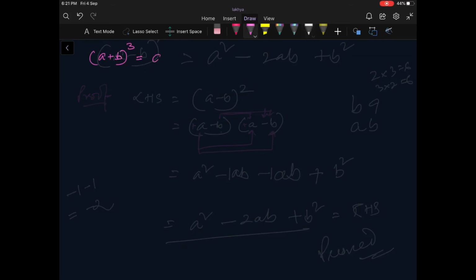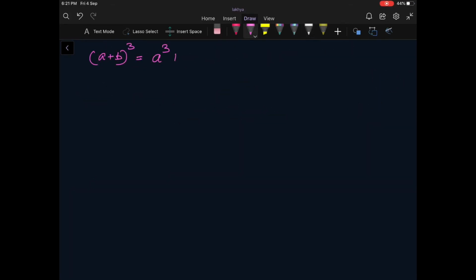Our next identity is a plus b whole cube, that is equal to a cube plus thrice a square b plus thrice a b square plus b cube. Now you see how to use this identity. Suppose we need to find the cube of an expression, or you have to multiply 3 binomials.